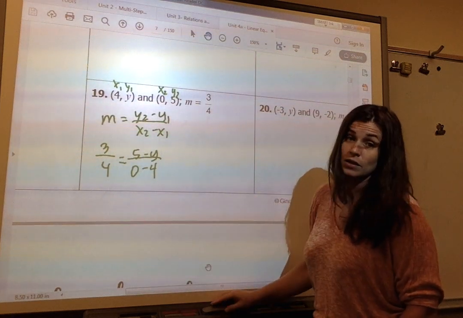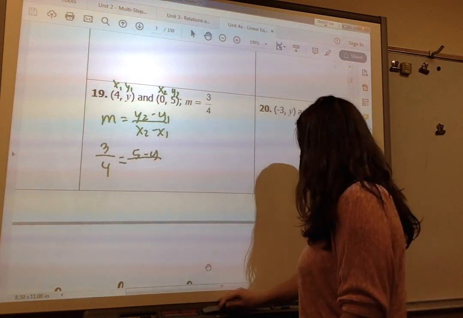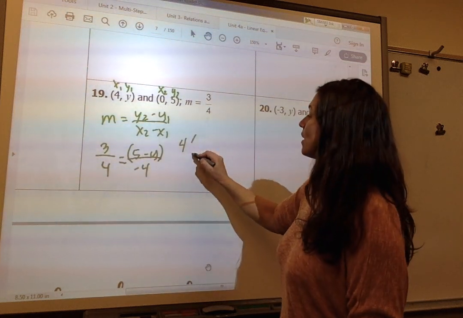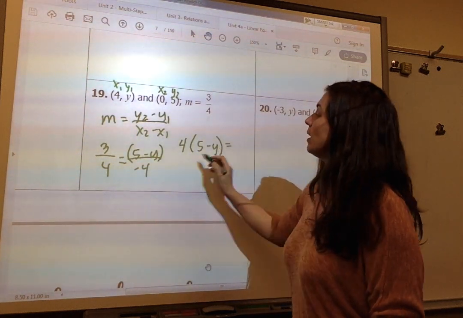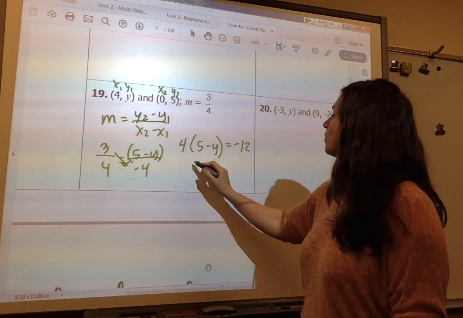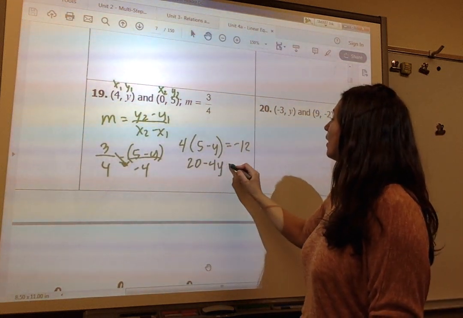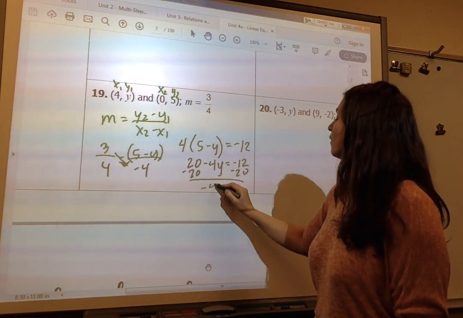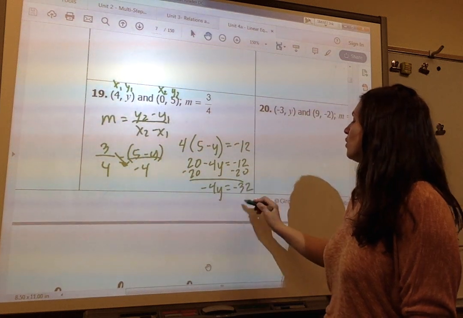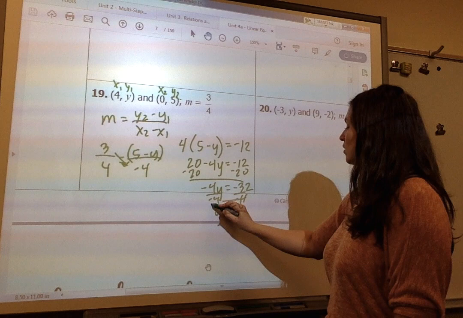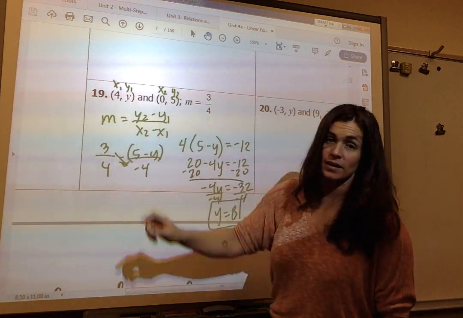I can simplify 0 minus 4 as negative 4. And when I cross multiply, I get 4 times 5 minus y equals 3 times negative 4 is negative 12. So when I multiply, I get 20 minus 4y equals negative 12. Subtract 20, subtract 20. Negative 4y equals negative 32. Divide both sides by negative 4, and I get y equals 8. So my value of y then is going to be positive 8.